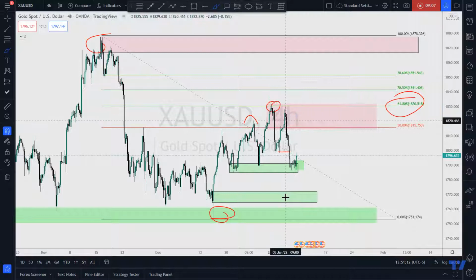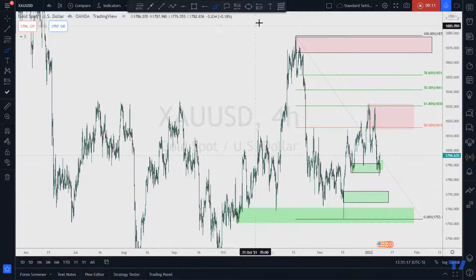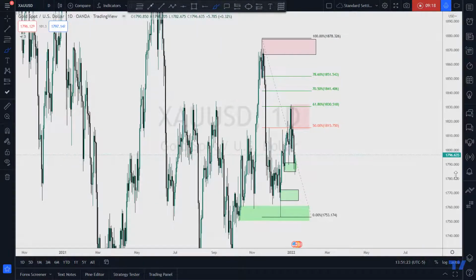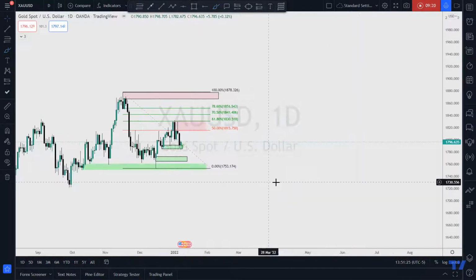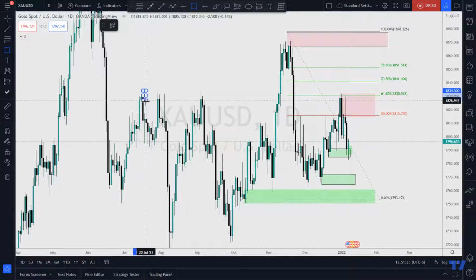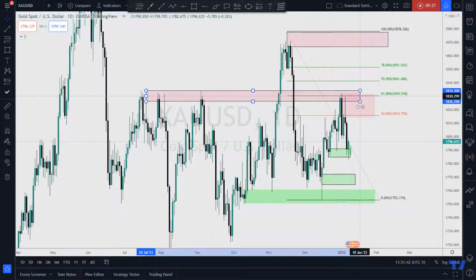I also want you to note another thing. You can see this more clearly on the daily chart. Excuse me. What do I want you to notice? Look at this area. Look at this high. Look at this high. Look at this high. And now look at that high.